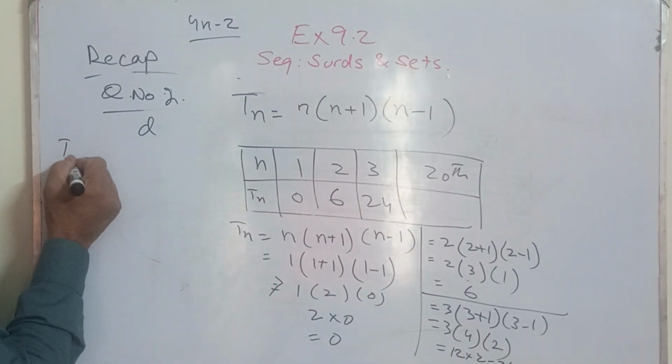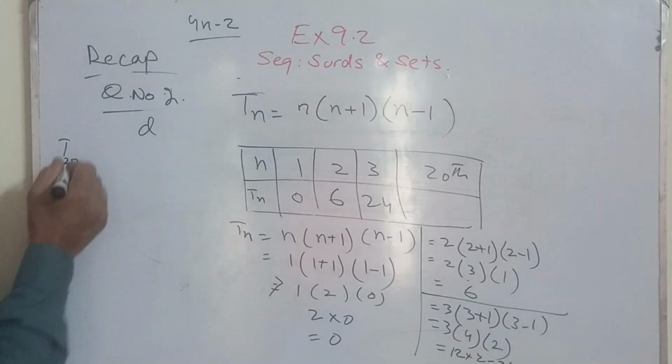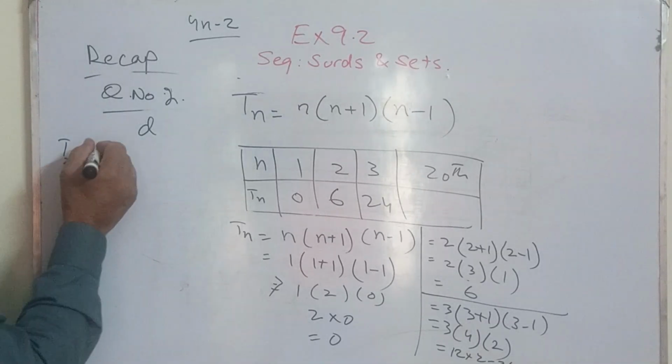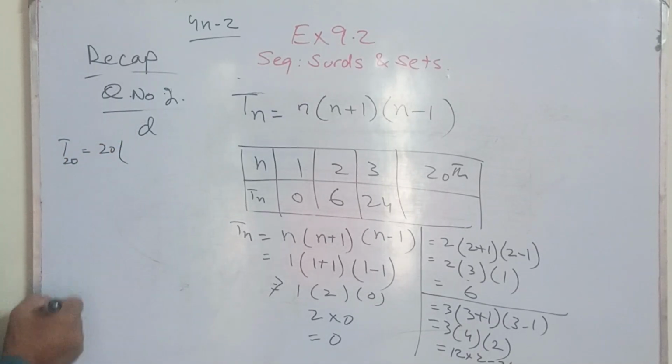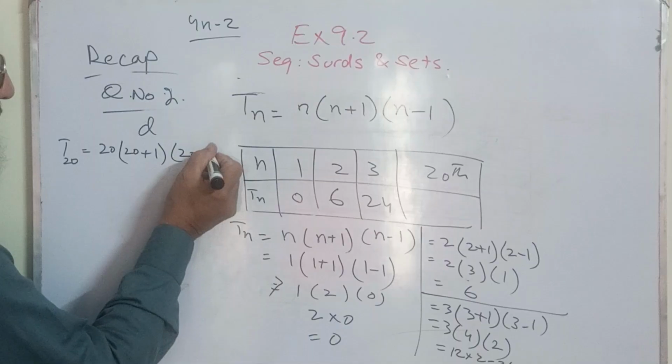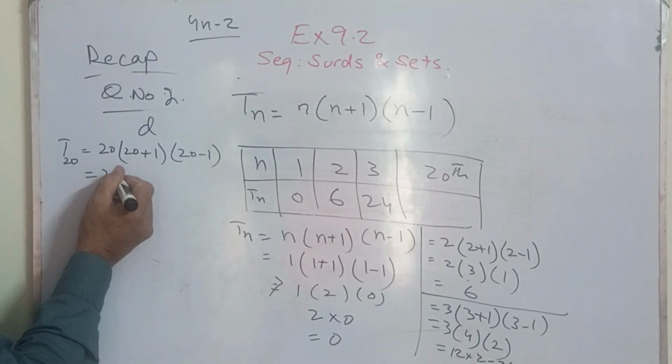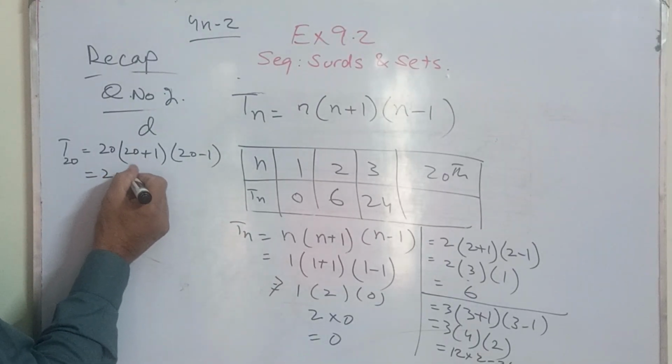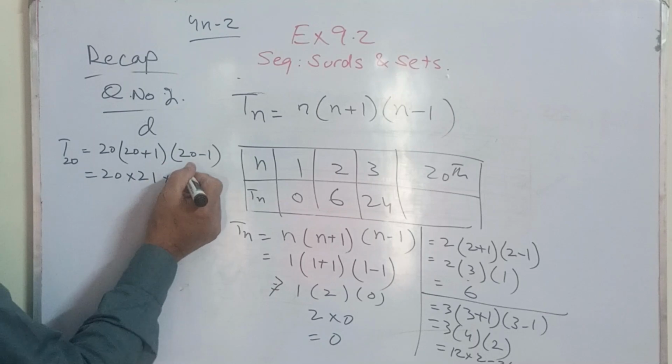So T20 is equal to 20 times 20 plus 1 and 20 minus 1. So it is equal to 20 times 21 times 19.